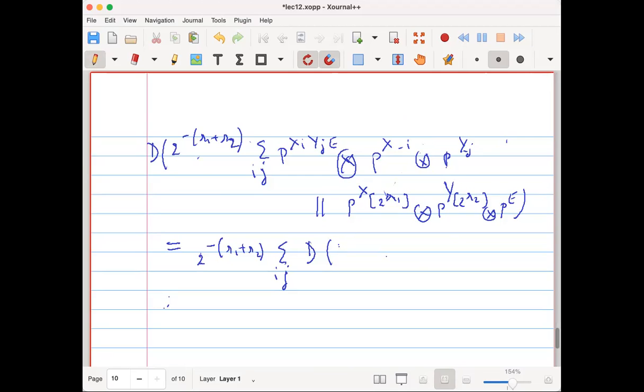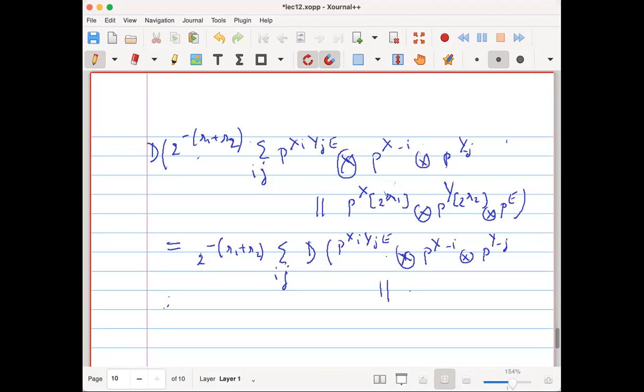Yeah. So this is pick out the ith state in this expression. So this is Pxi, ijth state, Y tensor X minus I, tensor Y minus j.